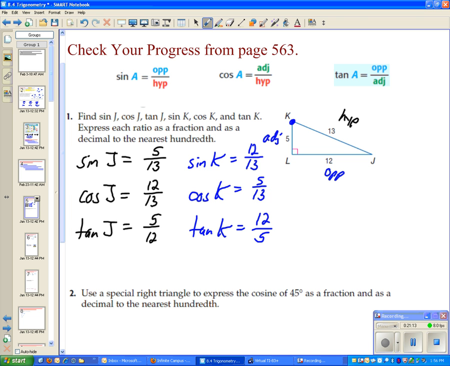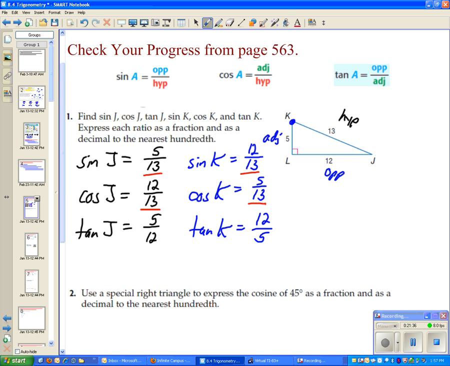All right. Now, the things we noticed before. The sine of J does equal the cosine of K, doesn't it? And the cosine of J does equal the sine of K. And the tangents are always reciprocals of each other. Always, always, always.